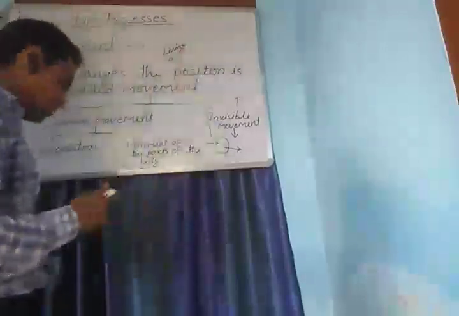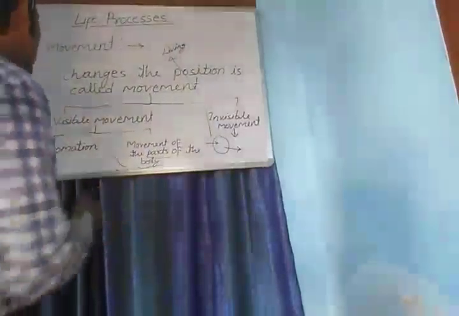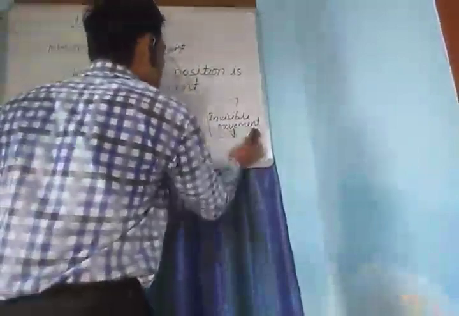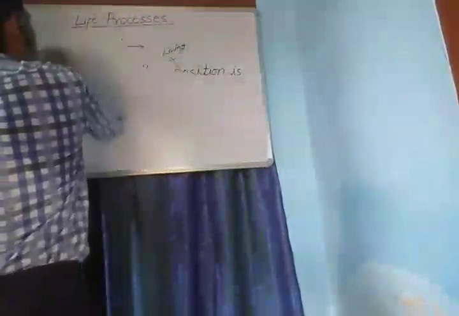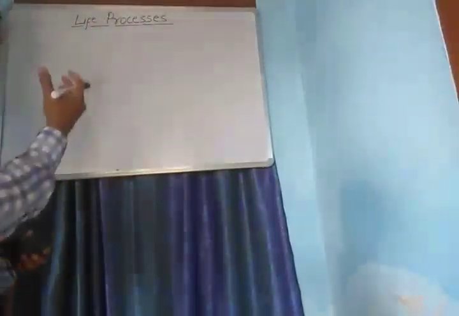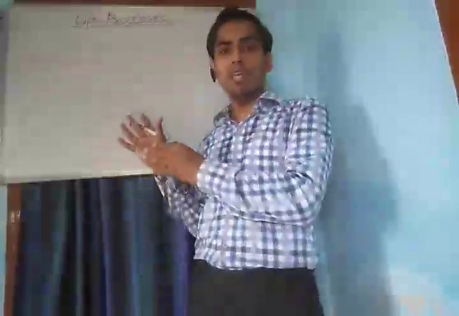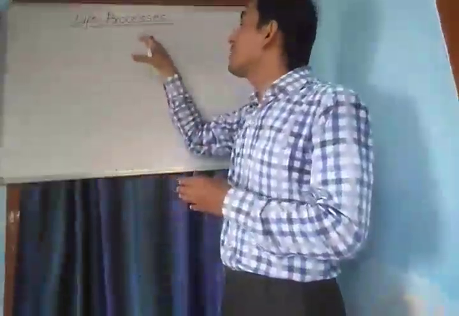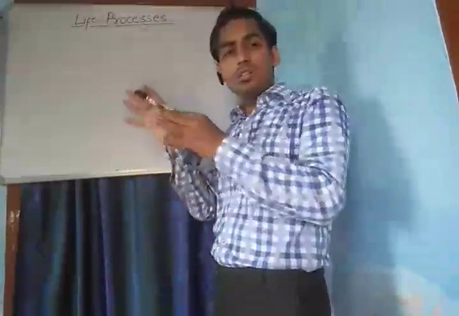There are also a lot of criteria which define a living organism, like respiration, excretion, and reproduction, but all are under life process. So the next topic is life process. What is the meaning of a life process? Life is a process which occurs continuously.